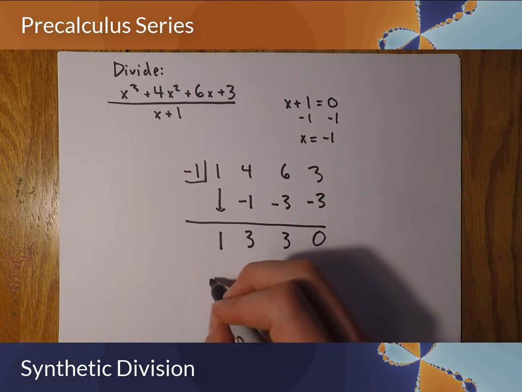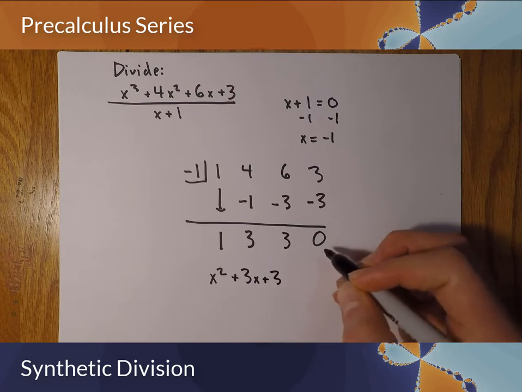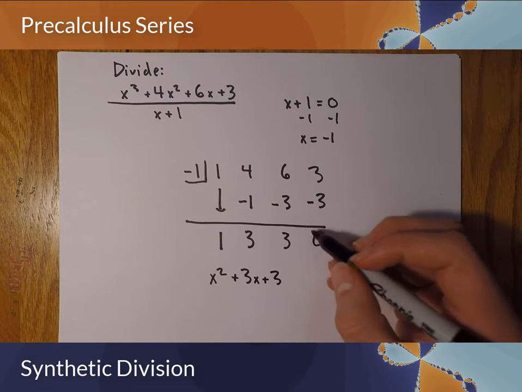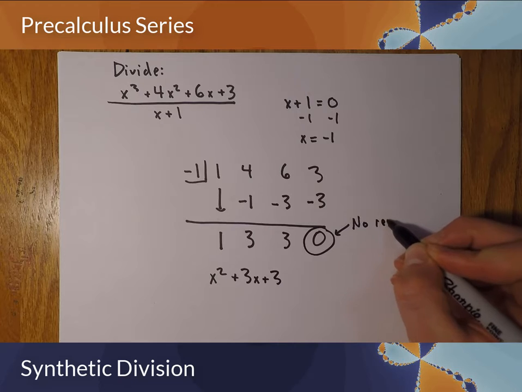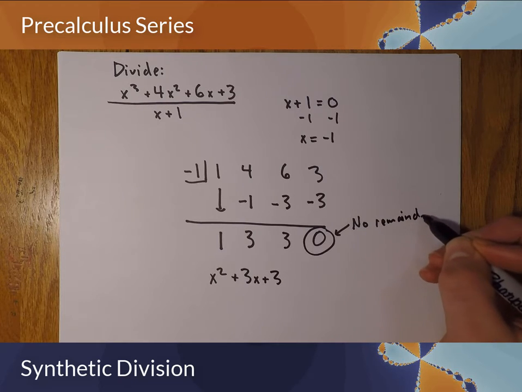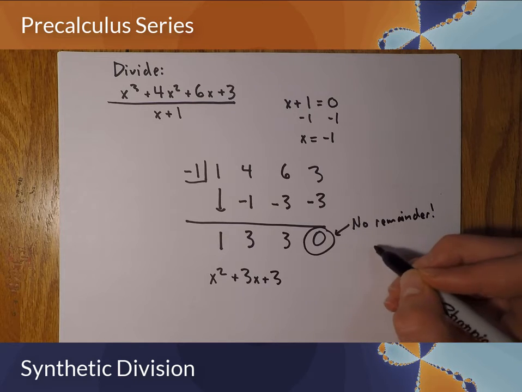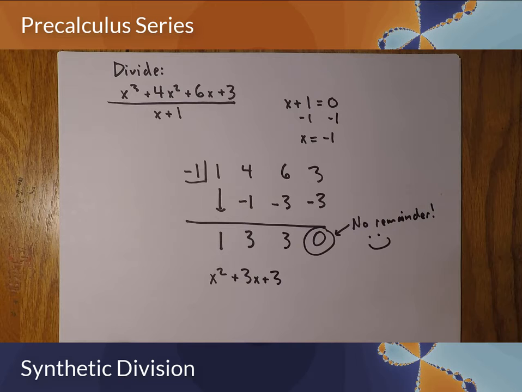So for our solution, we have x squared plus 3x plus 3. And since this value right here is 0, there's no remainder. So, yay.